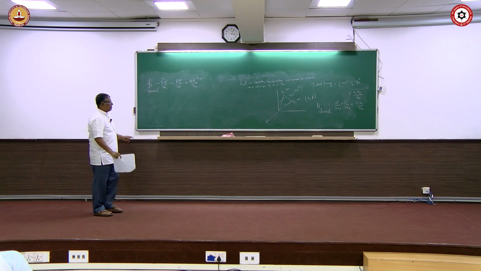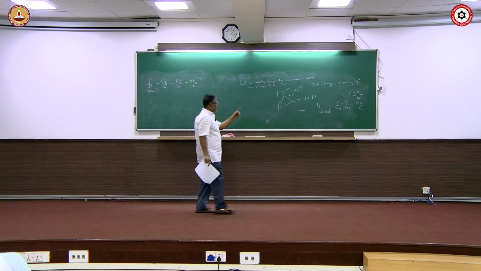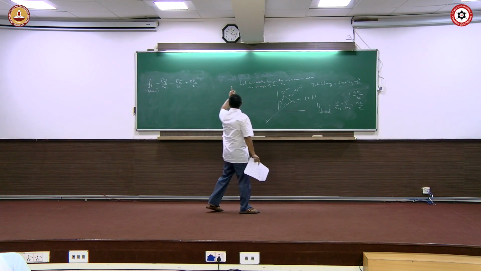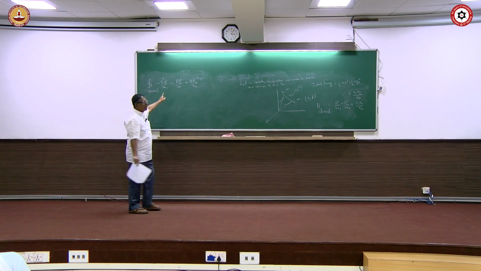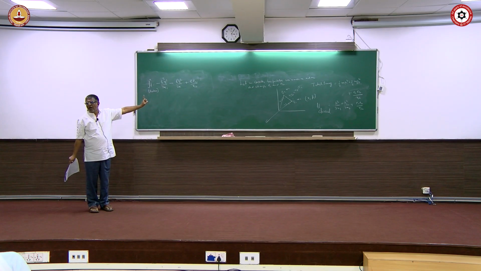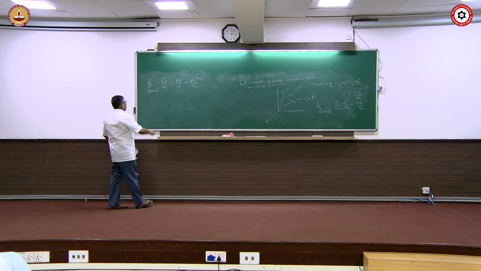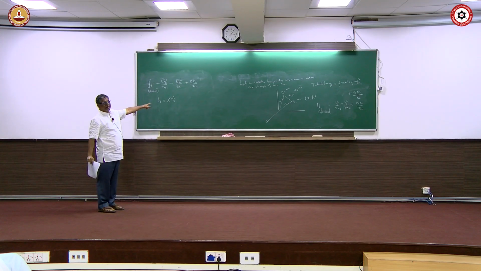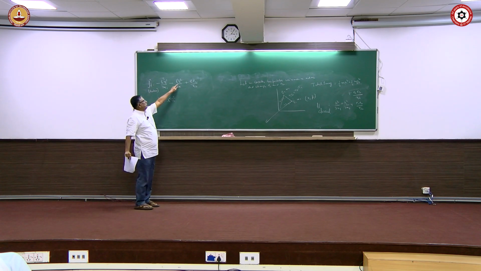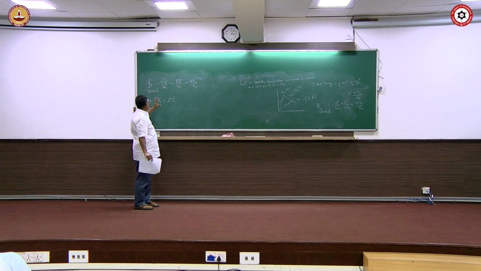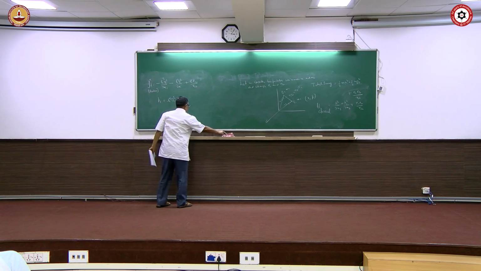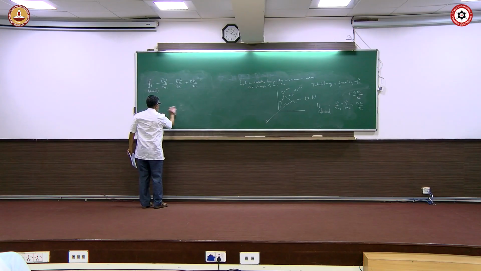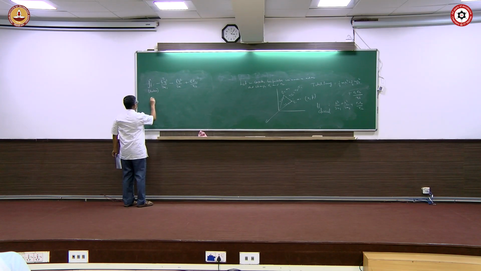When you have the classical expression, convert it to the quantum mechanical one by replacing the momenta with the corresponding differential operators. For P1 the operator is minus i h-bar del1, for P2 it is del2. Replace with the corresponding operators. Now, the next step is to write the Schrodinger equation.